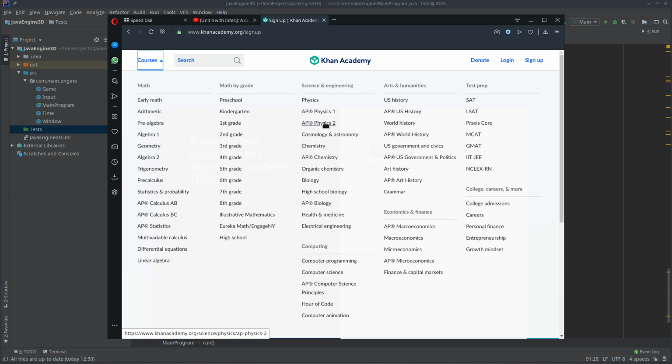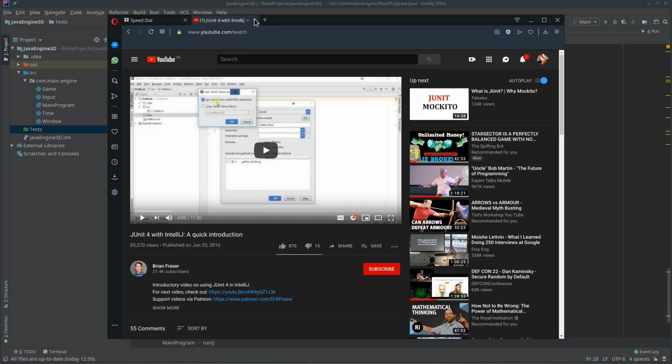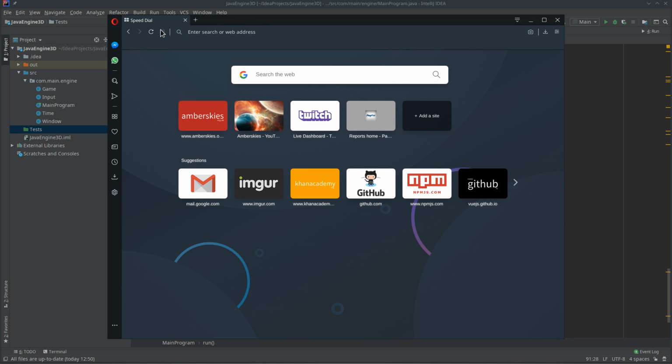Physics, AP Physics, yeah. Computing. There's some good stuff here for computing. Let's see if there's anything else. I can't see, but if I find individual courses, I'll pop them up for next week. But yeah, Khan Academy will cover everything to do with vectors, matrices, and stuff like that.